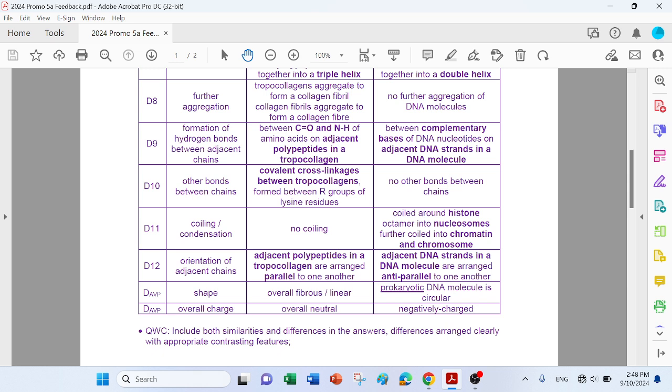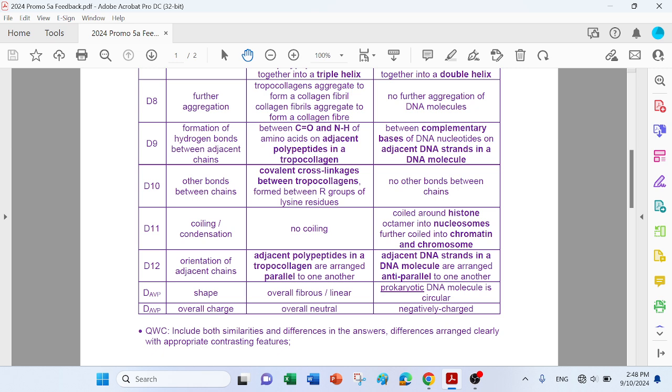All right. Then for the charge as well, right? I did not include this in my original answer because I do not know exactly all the amino acid makeup of the collagen. I remember collagen, besides the three that are usually present, there are other amino acids as well, right? And who knows? Some of them may be charged.